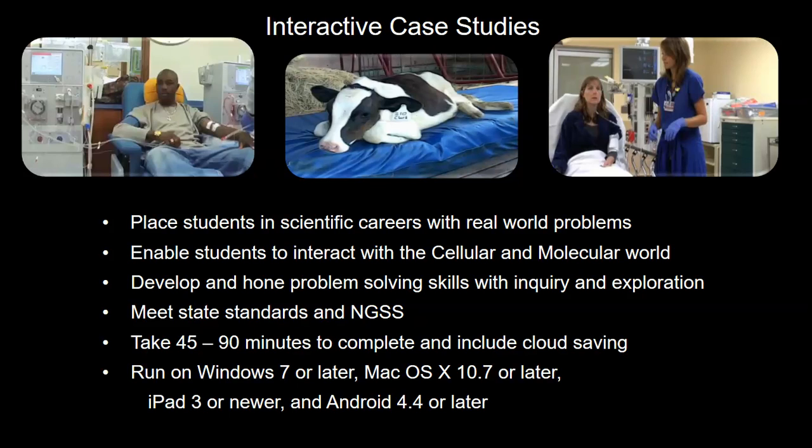So if you want to use a case over 2 class periods, or you run out of time and need to finish it with the students at home, or in another class, we include cloud saving so they can continue from their save point. The cases can run on Windows and Mac PCs, laptops, desktops, and tablets. And starting in the next school year, they will run on Chromebooks as well.